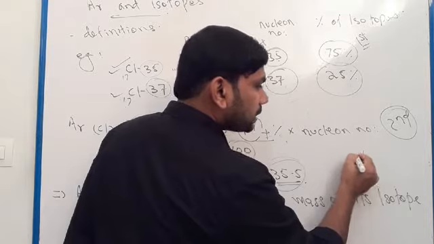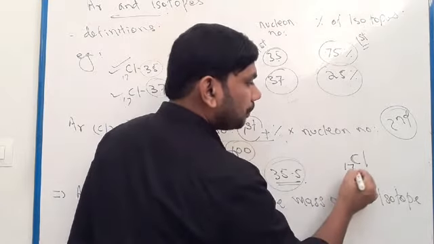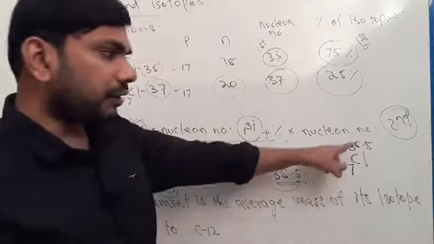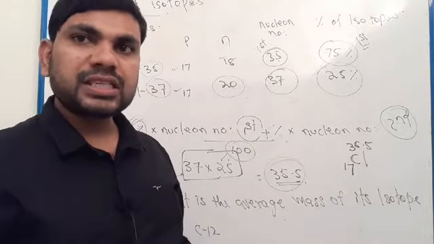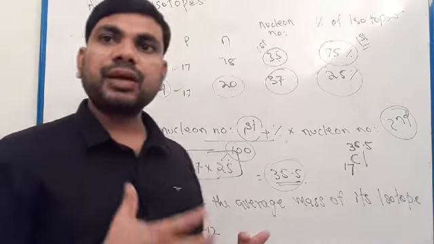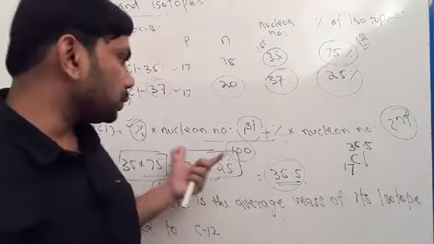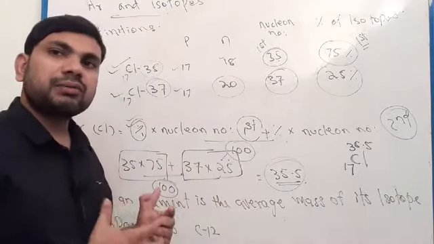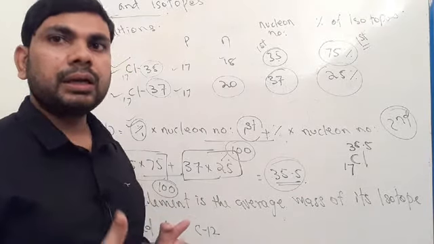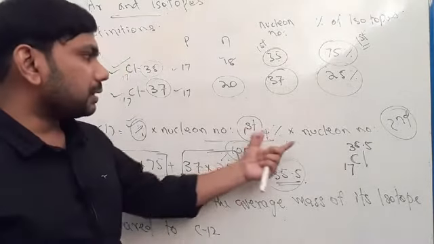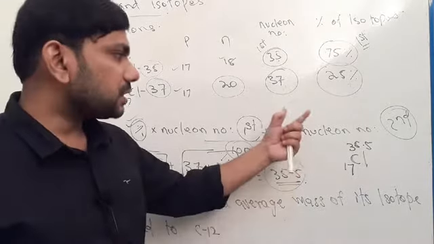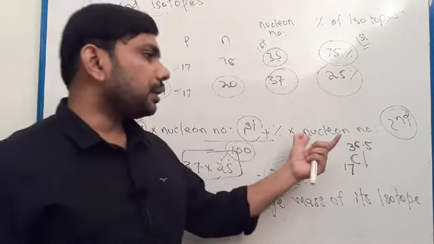In the periodic table you can see chlorine, atomic number 17, and 35.5. This fraction comes from this calculation. If there are different isotopes, we do the same thing: the percentage of availability of the first isotope times nucleon number, plus the percentage of availability of the second isotope times nucleon number.